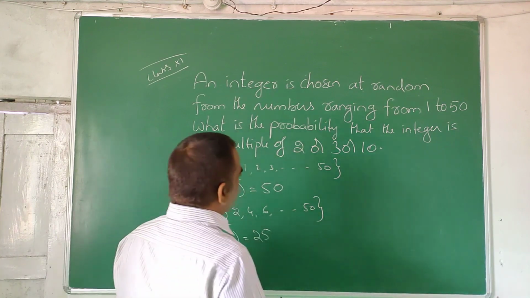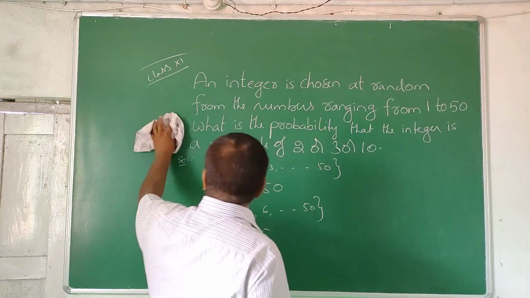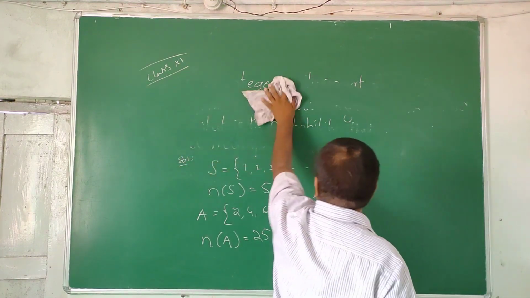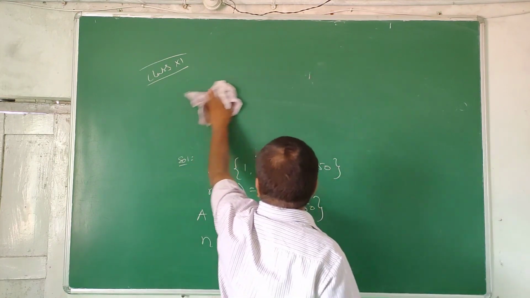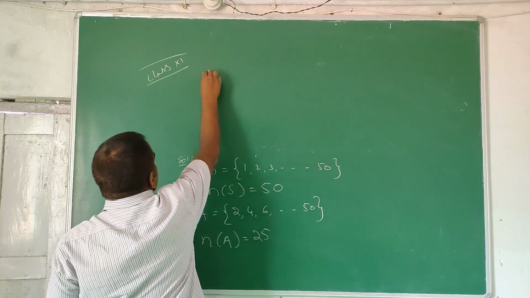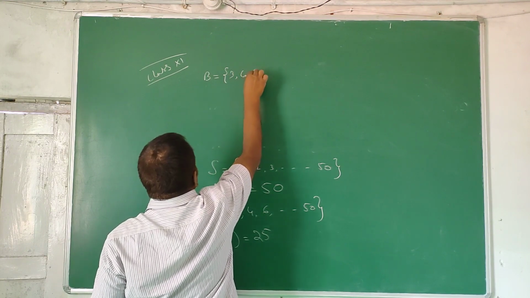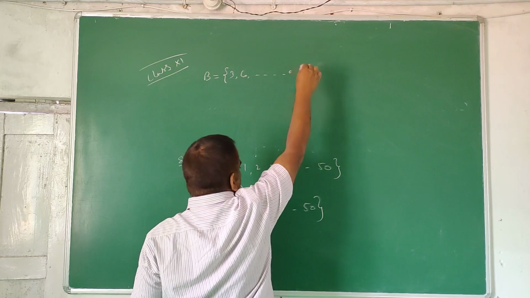Now B is a multiple of 3. So 3 1s are 3, 3 2s are 6, and so on, 3 8s are 24, and so on.